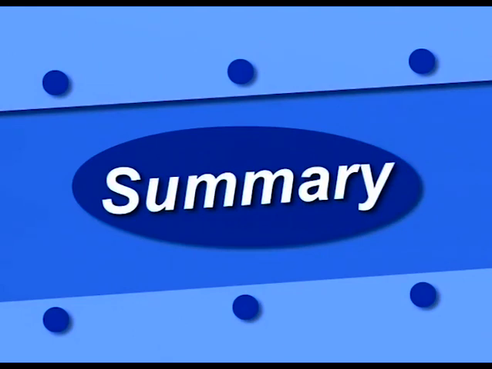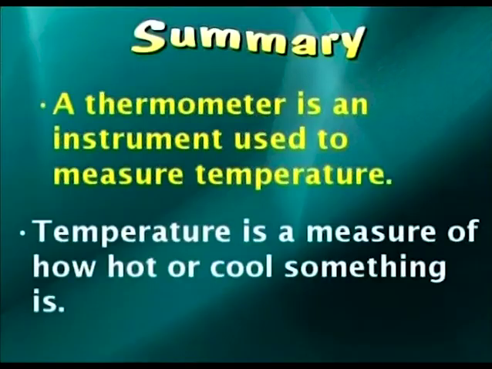Let's have a look at our summary for today's lesson. We have 2 points there. A thermometer is an instrument used to measure temperature. Temperature is a measure of how hot or cool something is.